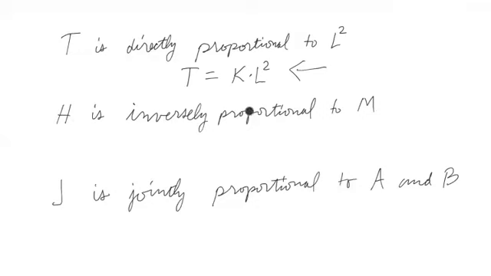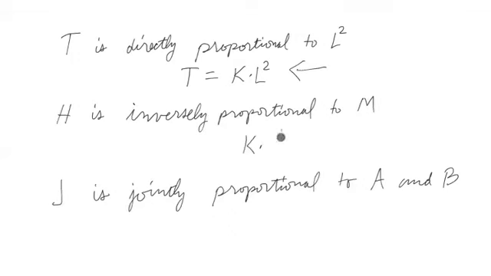All right, what about H is inversely proportional to M? How would we interpret this in a sentence? Again, proportional, so we think some constant times. Inversely, that's actually multiplicatively inversely, meaning in the bottom of a denominator or a division even.